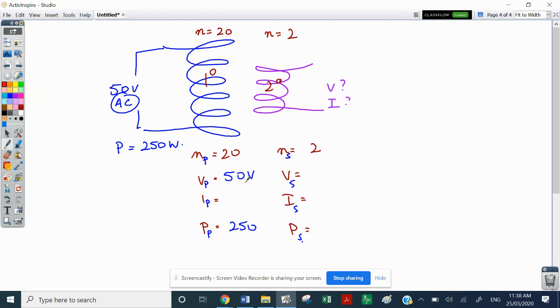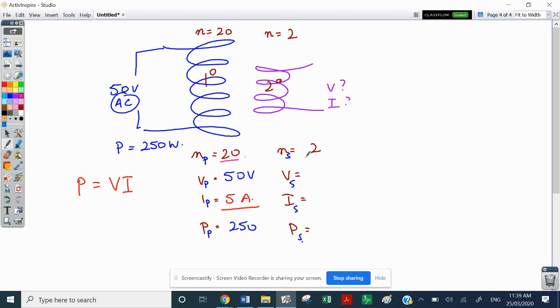I can fill in this value here because I know that power is equal to V times I, so 250 watts equals 50 times I. So that must be 5 amps, not 50 amps, 5 amps. Good.